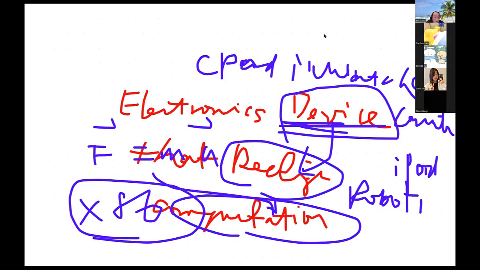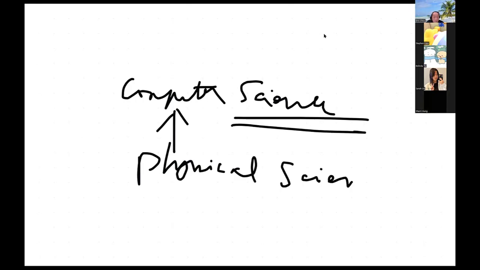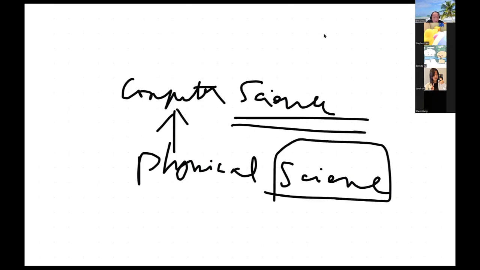Okay. And then next one is computer science. So any science is using this thing to solve problems. So you have physics, that's physical science. Physical science is the science of physical objects, kinematics.